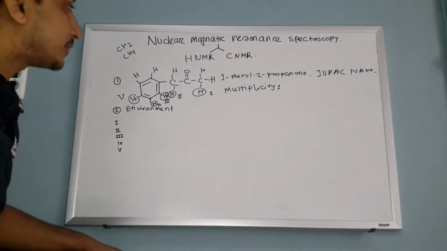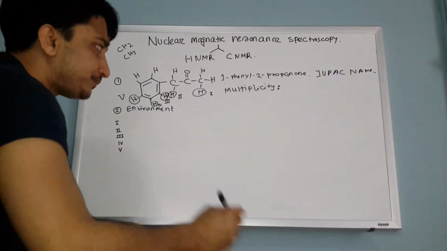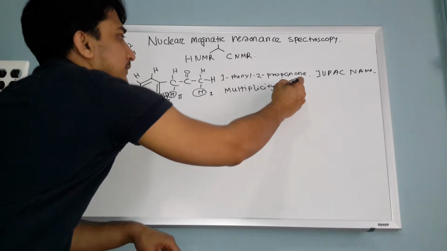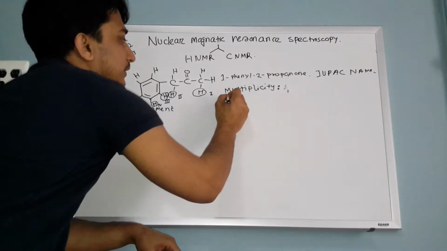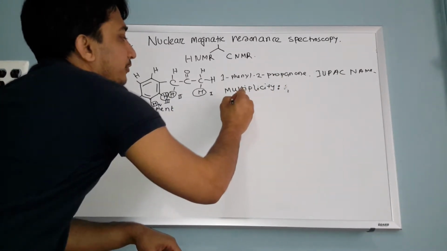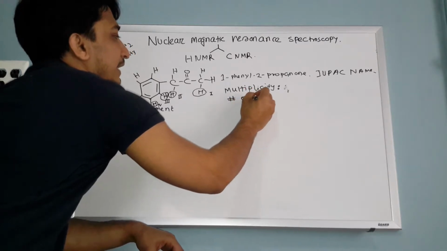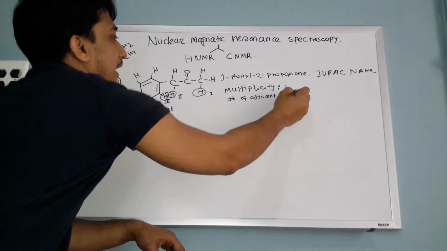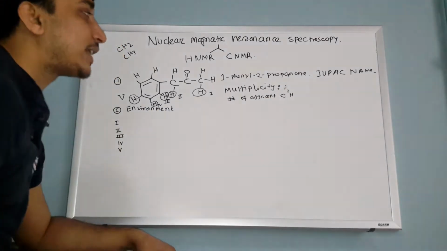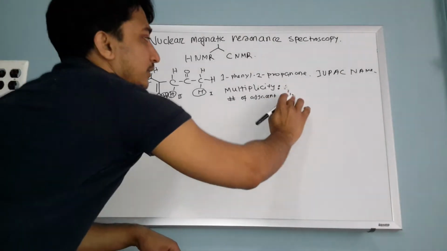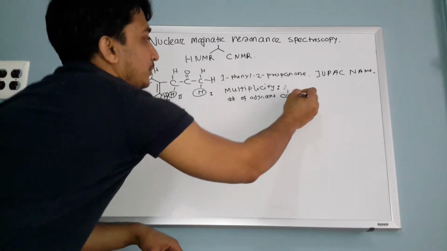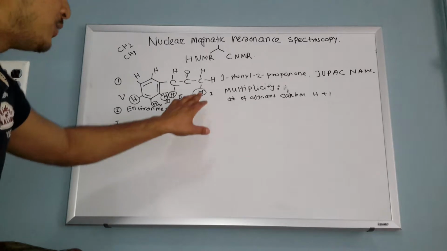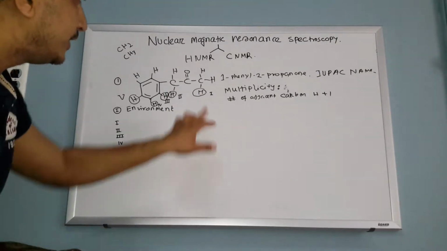The multiplicity rule is the number of adjacent carbon hydrogen plus 1.